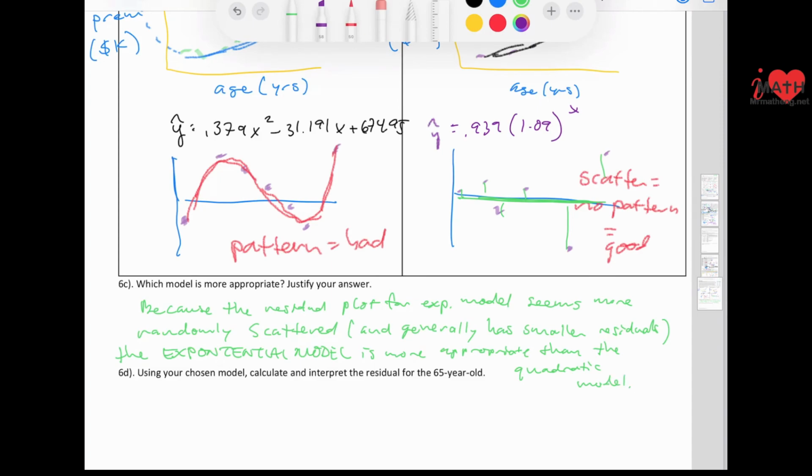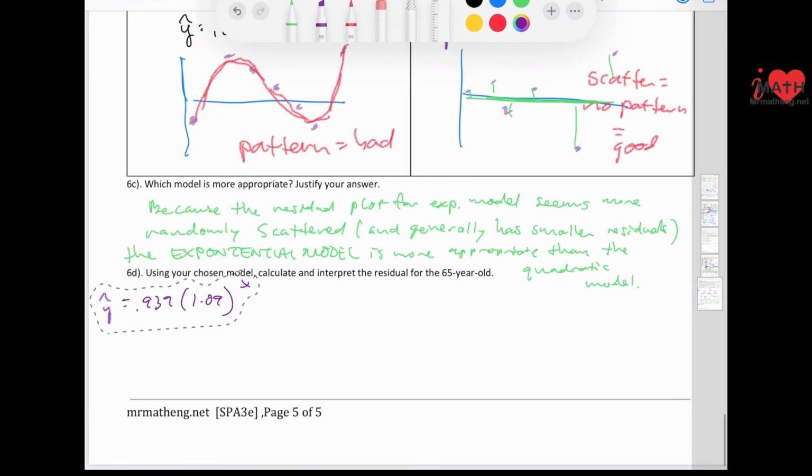Okay, so 60, using your chosen model, calculate and interpret the residual for a 65-year-old. Taking this, putting it there. Again, just going to do my predicted.